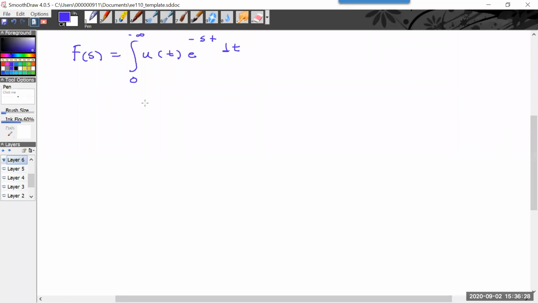We're finding it all as a function of S. We're not creating a function of t, we're creating a function of S.